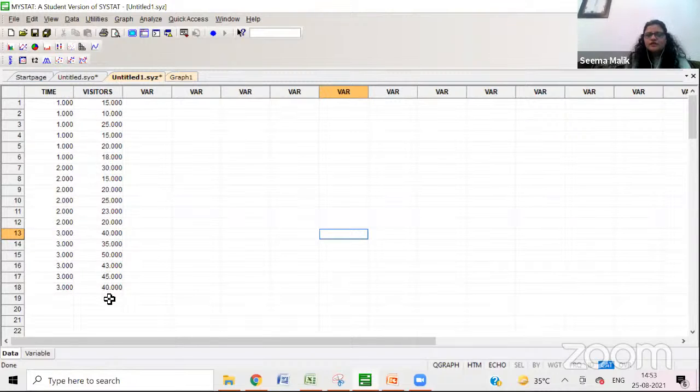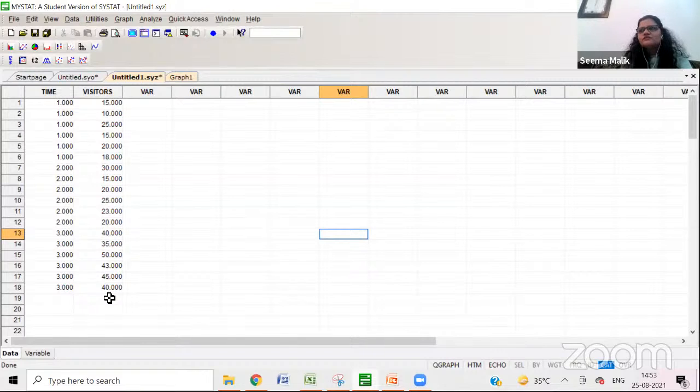If we are having the category for the visitors also, like three options for the visitors: less than 15, 15 to 30, and more than 30. We are not having the actual data, we are having the categorical variable for the visitors also. That means for the time we are having categories, for the visitors we are having categories.